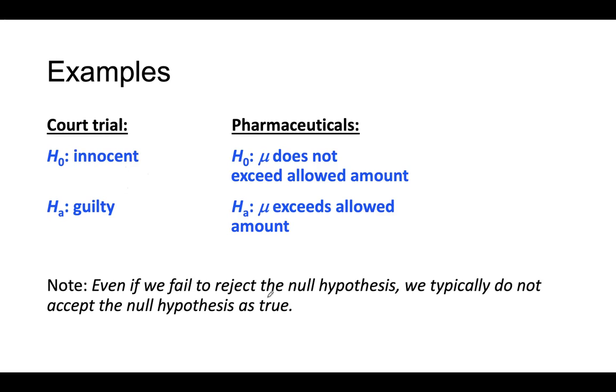If you fail to reject the null hypothesis, we typically do not accept the null hypothesis as true. You don't say the person is innocent, technically, you say not guilty. In court, you say guilty or not guilty. The jury makes that distinction.